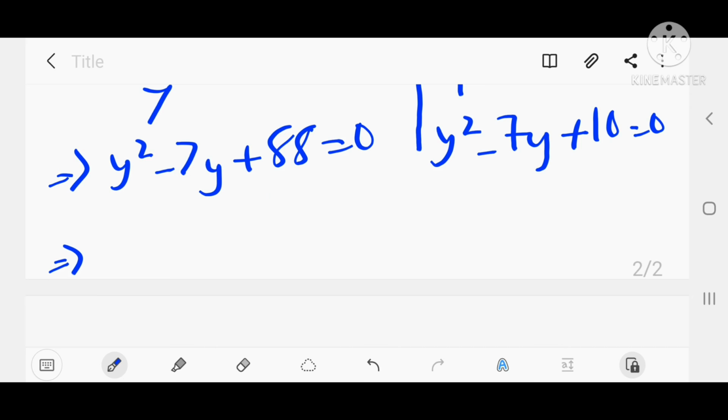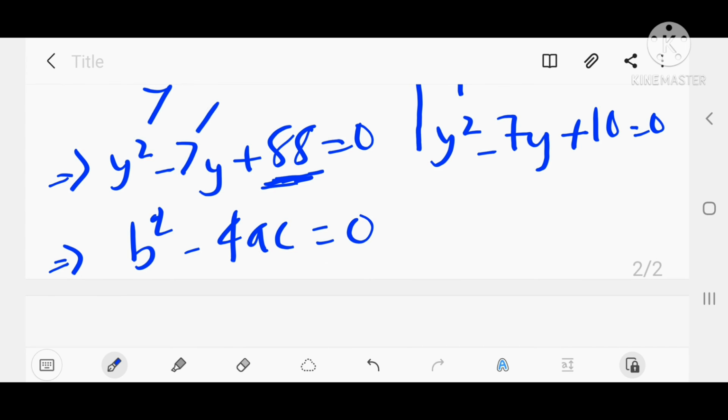Here we realize that if you use b squared minus 4ac, the square of this is not up to this, so we'd be getting an imaginary number. But we do not want imaginary solutions, we want all real solutions.